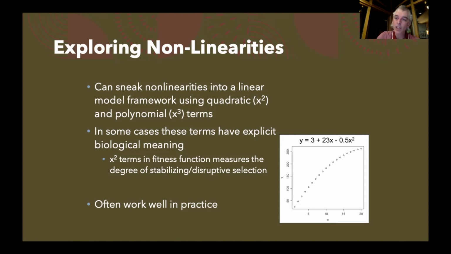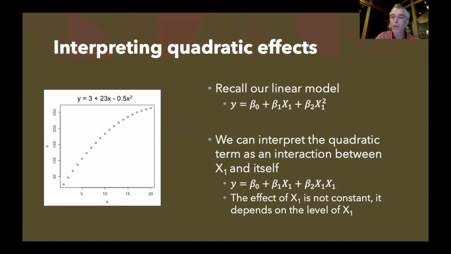So in a selection analysis where we're trying to quantify natural selection using different measures of traits as predictors of relative fitness, we include a quadratic term as a way of trying to quantify either stabilizing or disruptive natural selection in a particular system. So how can we interpret these quadratic effects in our linear model?